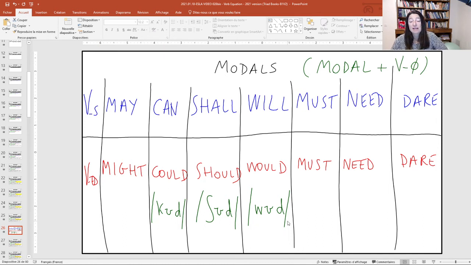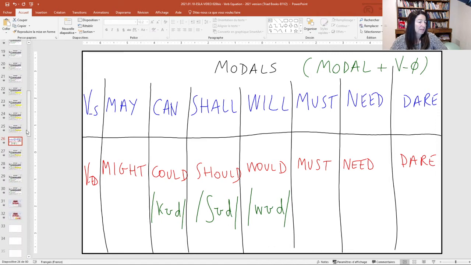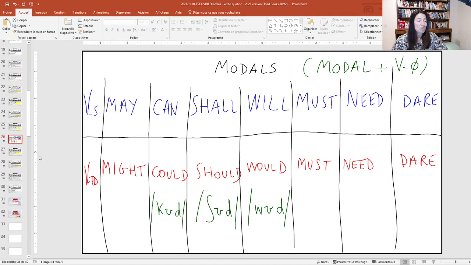Make sure you pronounce them right. Must, need, and dare. And as you can see right away, that is striking. Will is a modal in the present, just as would is the same modal associated with the past.